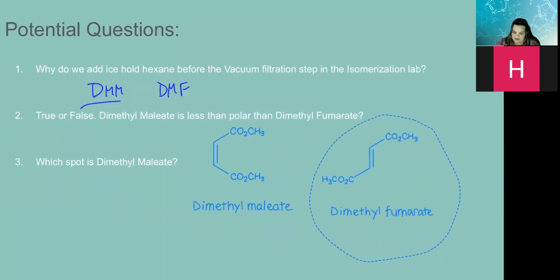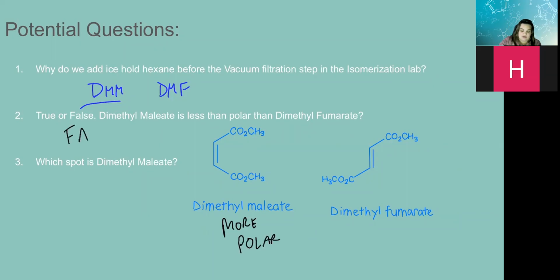Also from lecture. Excellent. Yeah. So dimethyl maleate is in fact more polar than dimethyl fumarate. So to answer this question, it is false. Excellent job, everyone.